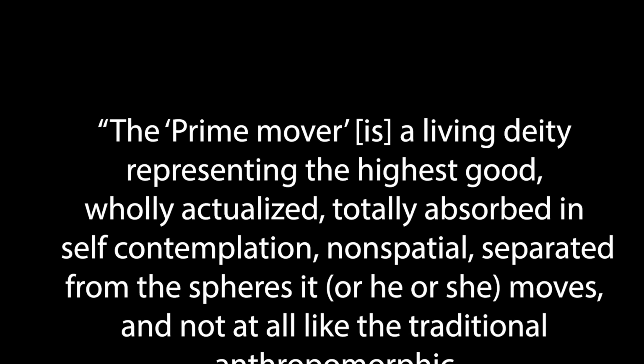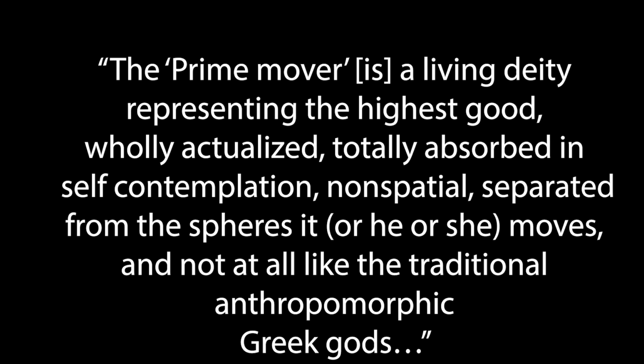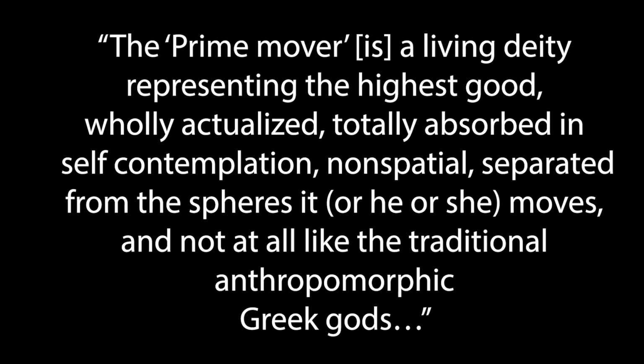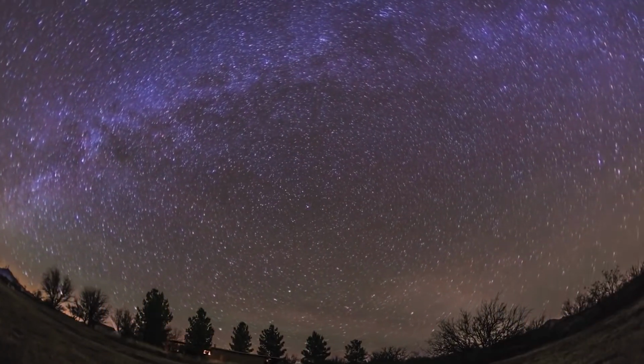It, or he, or she moves, and not at all like the traditional anthropomorphic Greek gods. The celestial spheres want to imitate the changeless perfection of the prime mover, so they move in perfect, changeless circles, hence where the motion comes from."